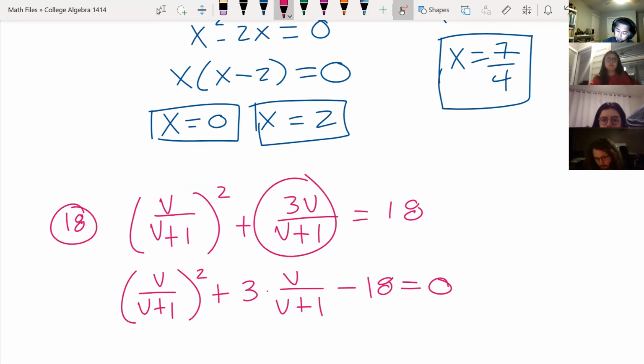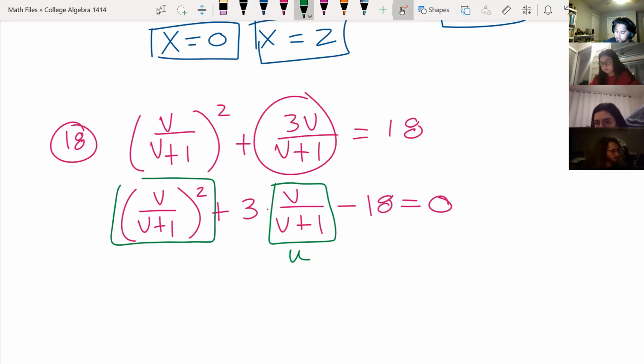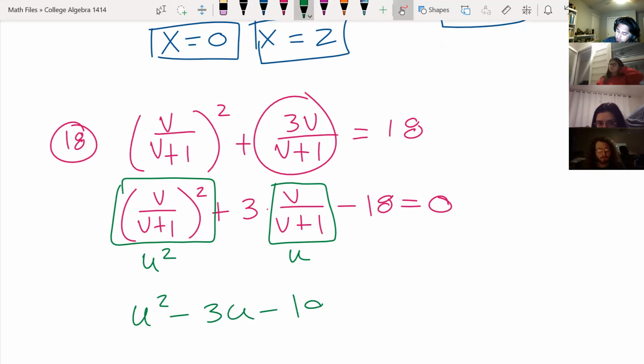Okay. And now we will use U-substitution. And U is going to cover all of that, which means U squared will take care of all of that. So you'll get U squared minus 3U minus 18 equal to 0.